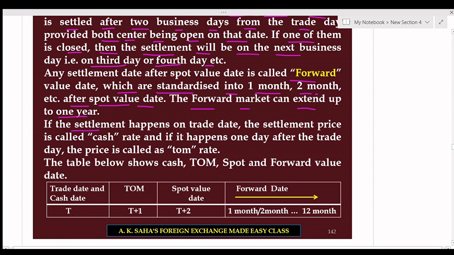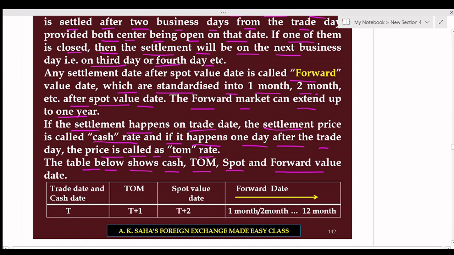If the settlement happens on the trade date, the settlement price is called the cash rate, and if it happens one day after the trade day, the price is called TOM, that is, the tomorrow rate. The table below shows cash, TOM, spot and forward value.